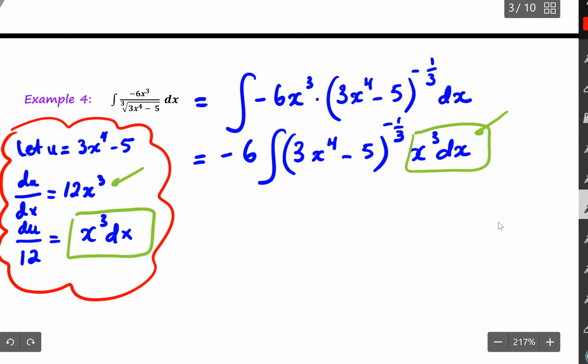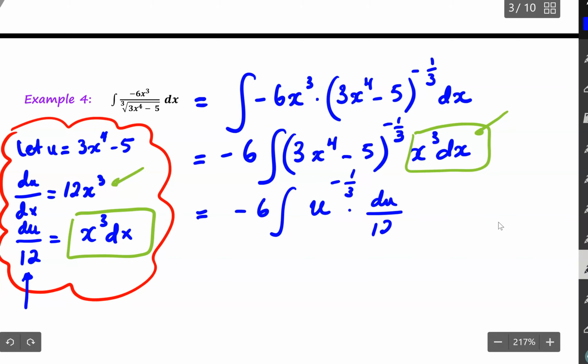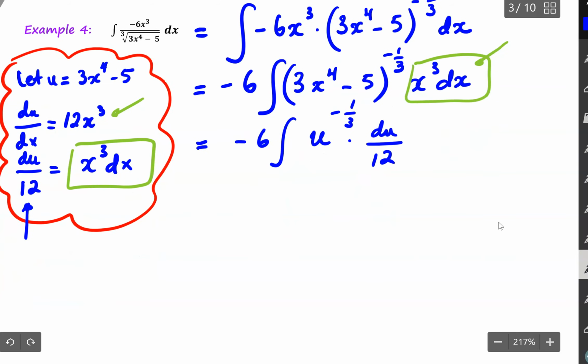It means I can go ahead and substitute -6 integral of u raised to exponent -1/3, and instead of writing x to the exponent 3 dx, I will write du over 12. So du over 12 means I multiply by 1 over 12, so I bring this across the integral sign, and then u to the -1/3 du.